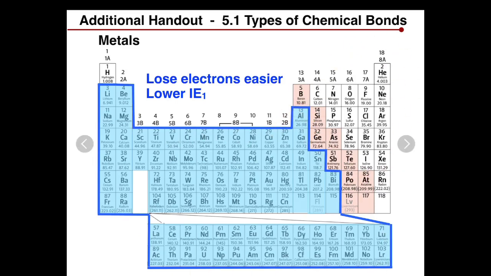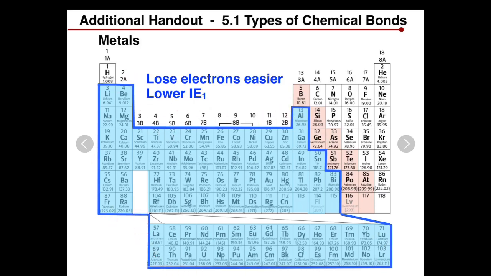Because they have less effective nuclear charge, and some of them toward this side right here have a large energy level as well, because they are most likely to lose electrons more easily than the non-metals. Therefore, these metals are going to have metallic character, which means they're going to lose electrons easily. Therefore, the energy required to remove an electron would be less. That's why the first ionization energy would be low as well, right? So this is the characteristic of metal, right?